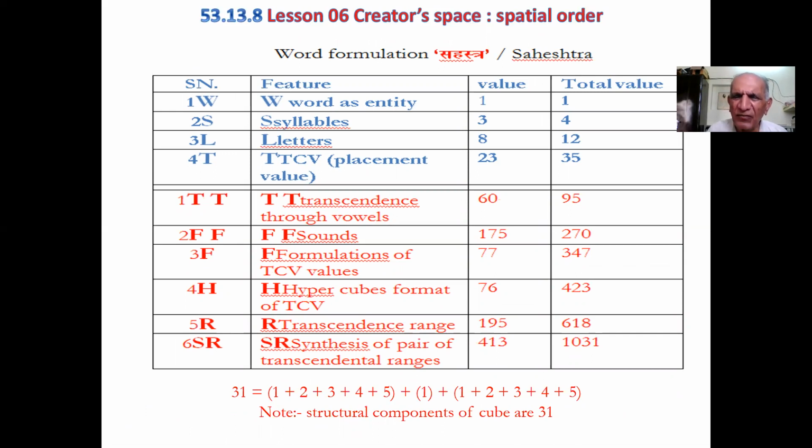And the value 31 is the value of the synthesis of a pair of linear transcendence ranges. Further, the value 31 is the value of 31 structural components of cube, the setup of a linear order body, hypercube 3 within creators of space.